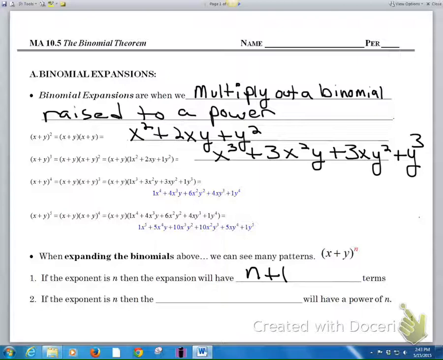If the exponent is n, then the first and the last will be the power of n. So x cubed at the front and y cubed at the back, x to the fourth at the front, y to the fourth on the back when n is 4.